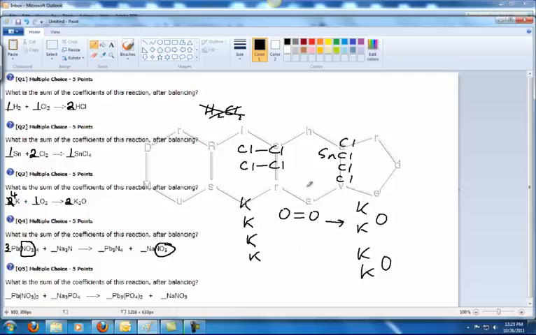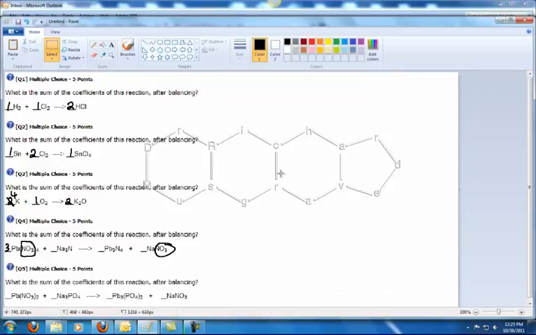Now, just in case you're not sure of what I'm talking about, what I'm going to do is I'm going to get rid of all this stuff. And I will draw out for you 3 PbNO3. So this is one of them. And this will be 2.